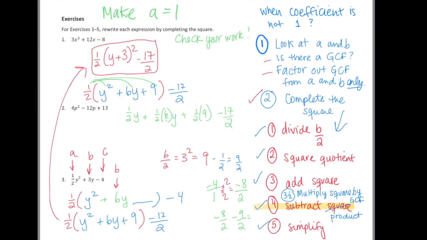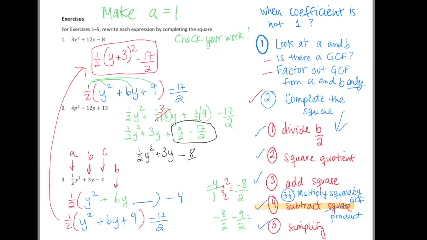Even though I'm multiplying everything by a half, 6 goes into 2 3 times, so I'm able to easily divide just by looking at things. Now I am still going to have that -17/2 at the end, but it has the same denominator as the 9/2. So I'm going to combine that into 8/2, which gives me a -4. And that is exactly what I started with. So this is correct.